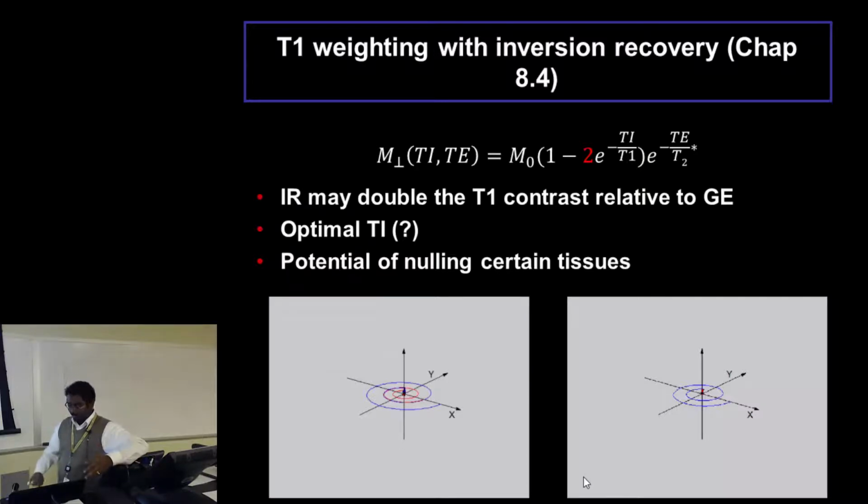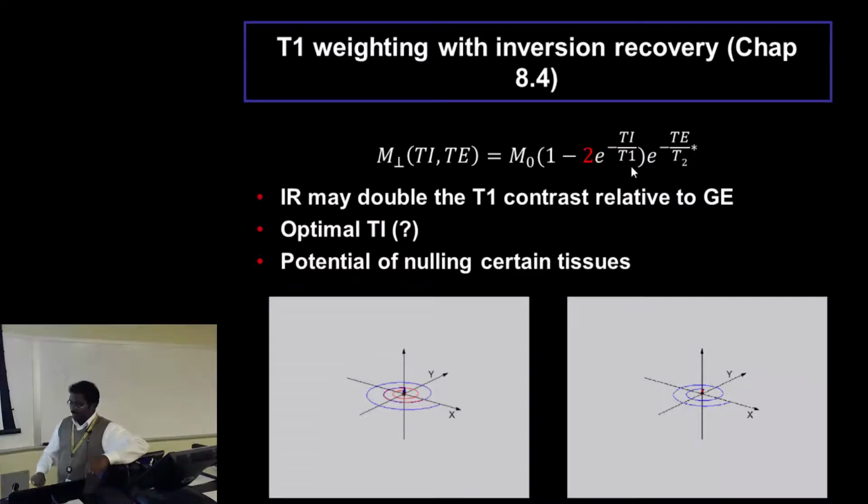You can work out this equation and ask, for two tissues with T1A and T1B, what the maximum contrast would be and what the TI should be to get it. You can work out that optimization problem and use that TI for your experiment.